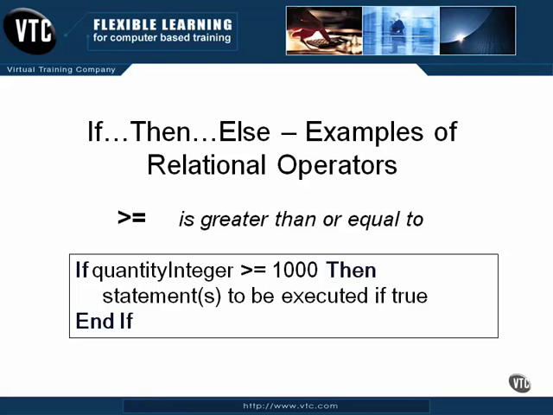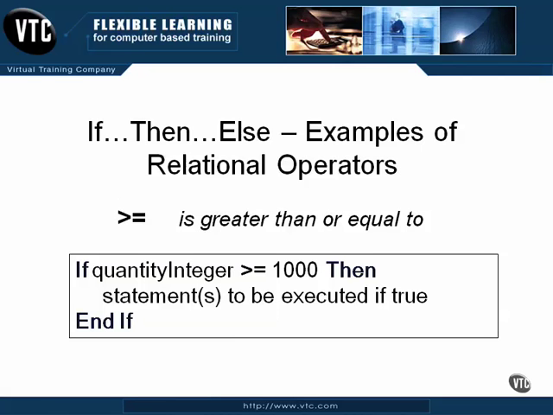Next is the greater than or equal to. If quantity integer is greater than or equal to 1000, then perform the statements. Here we're saying include 1000 and all of the values that are greater than 1000. That will qualify this statement to be considered true.